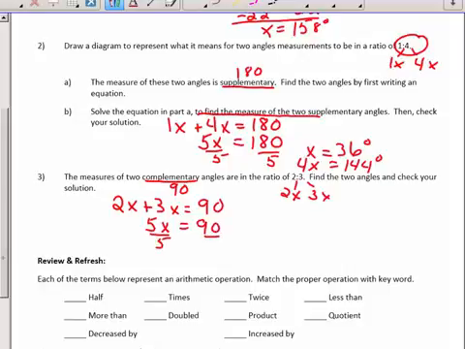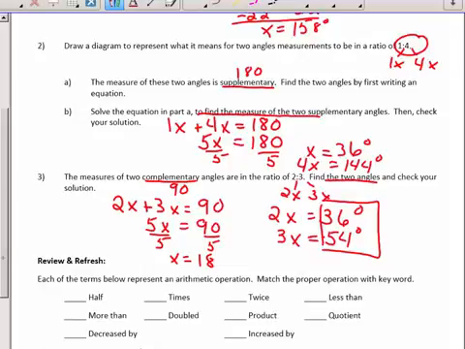Divide by 5, so x is 18. But it asked me to find the two angles, not to find x. So 2 times 18 is 36, and 3 times 18 is 54. So your two angles are 36 and 54 degrees.